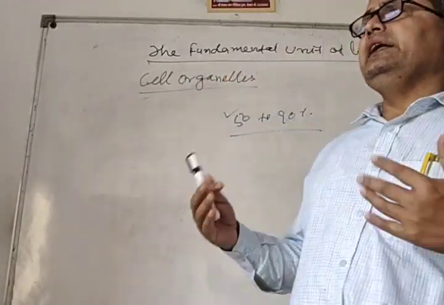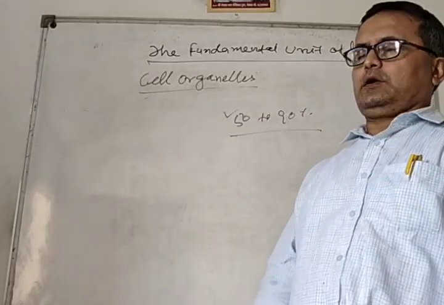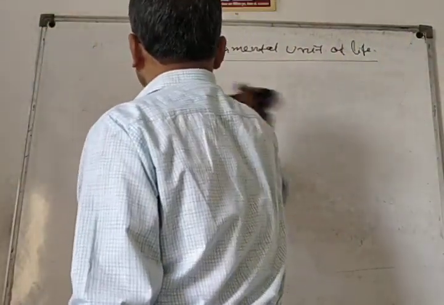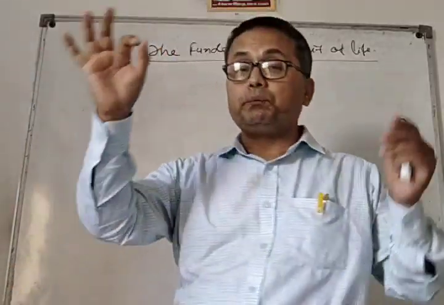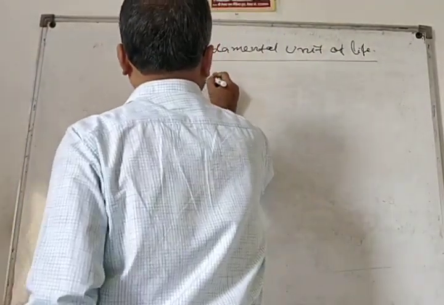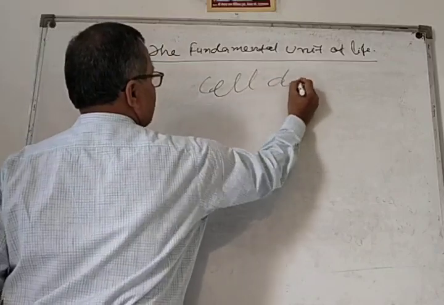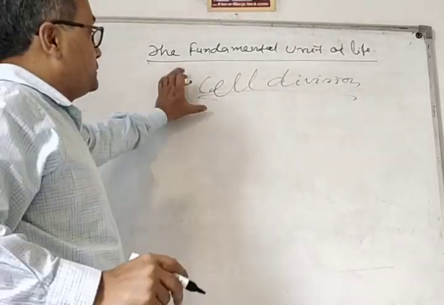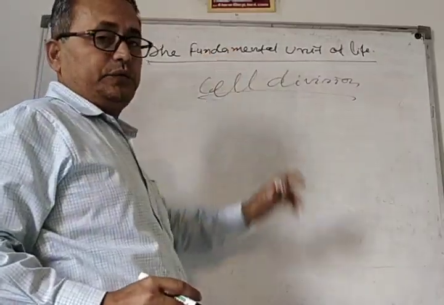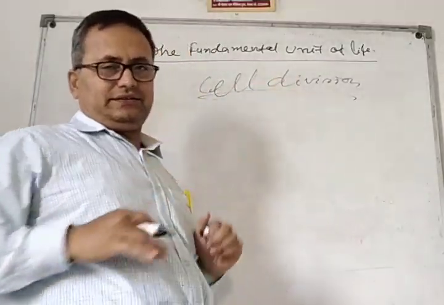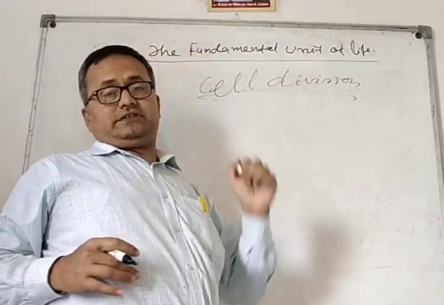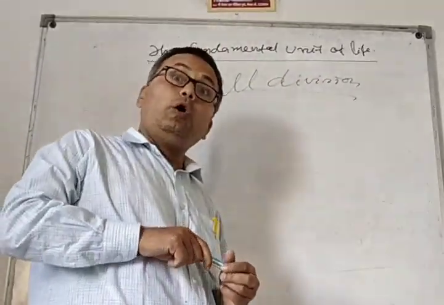In other topics, there is also the cell division. If we talk about cell division, cell division means it is the process in which new cells are formed. Such a process is called cell division, and this process is necessary for all living cells.